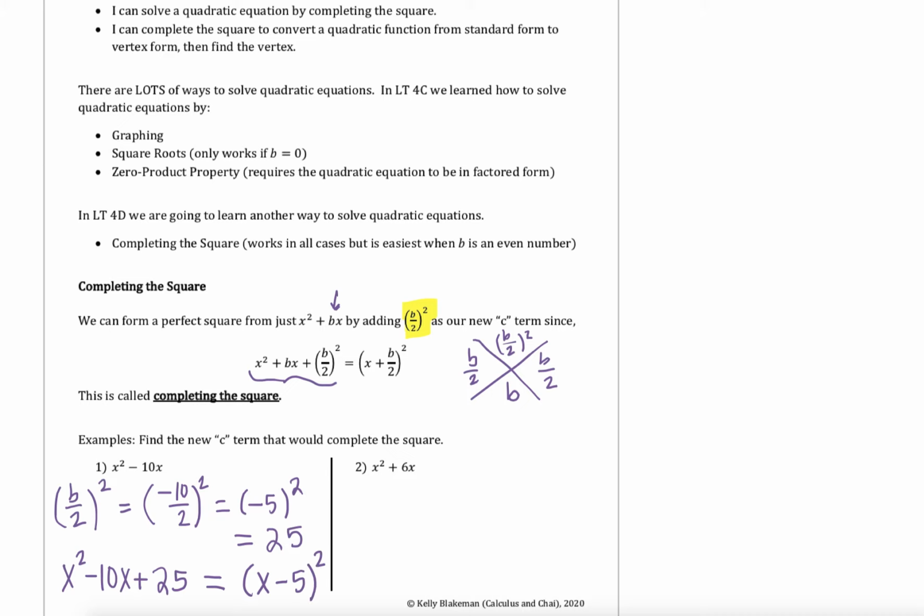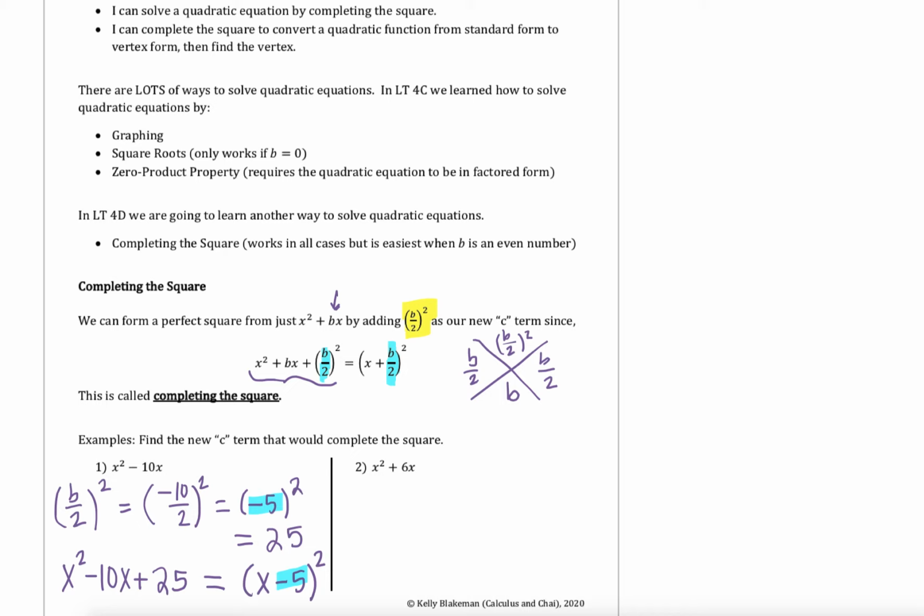Something else I want to point out is that in our completing the square formula, when we go to factored form, we're always getting this b over 2, which is coming from that new c term that we're computing. So when I simplified down this negative 10 over 2, I got negative 5, which is exactly what I have inside my factor. And that's always going to work out because of the completing the square process.